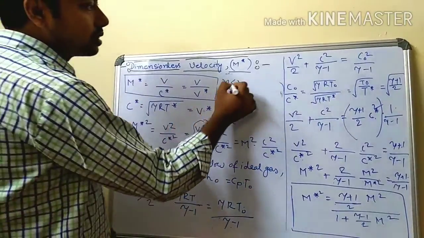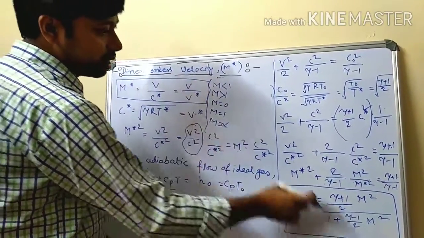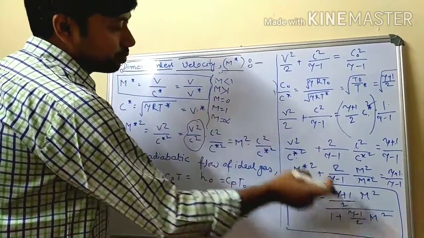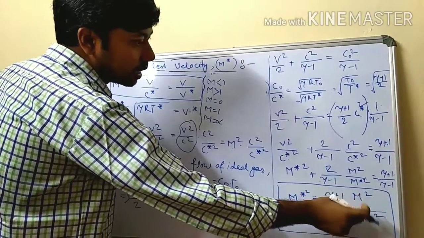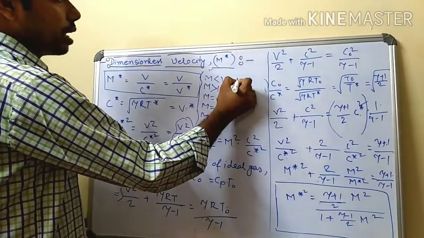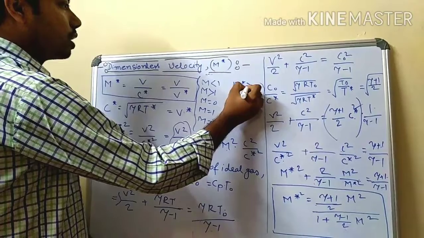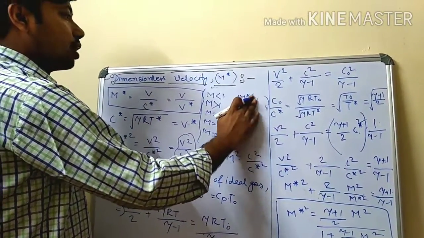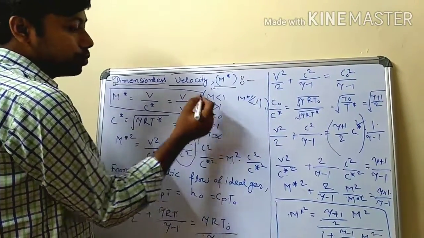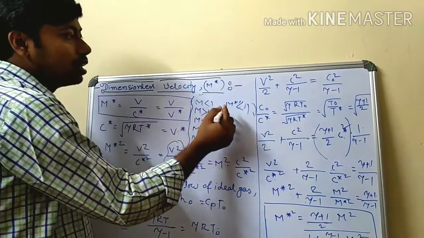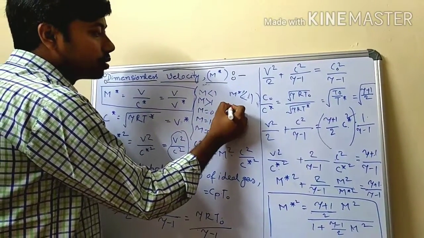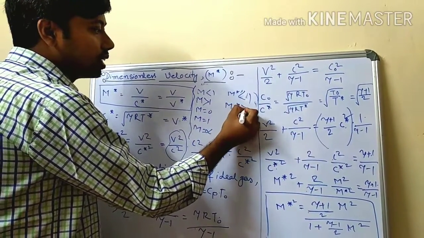For both the cases, if you put M less than 1, the equation gives M star also less than 1. If you put M greater than 1, the M star will also be greater than 1.